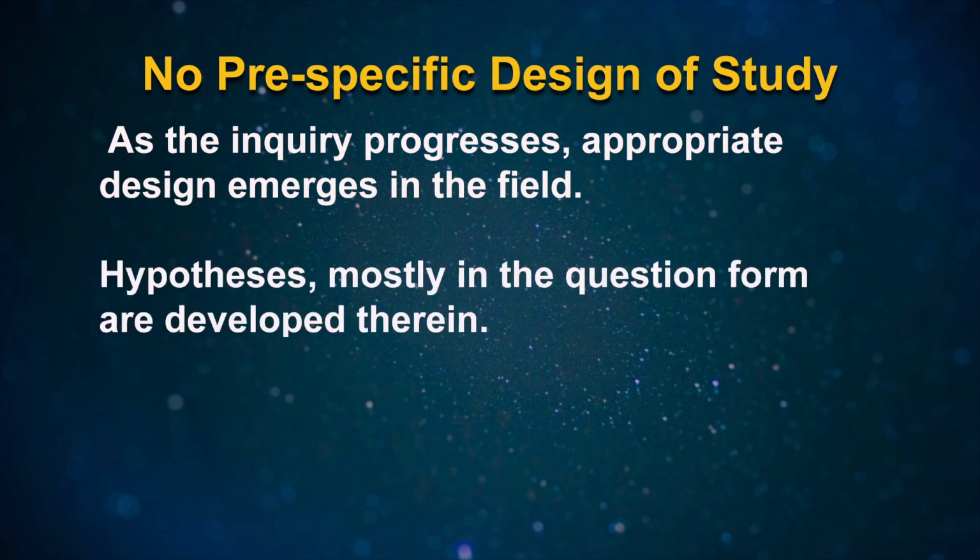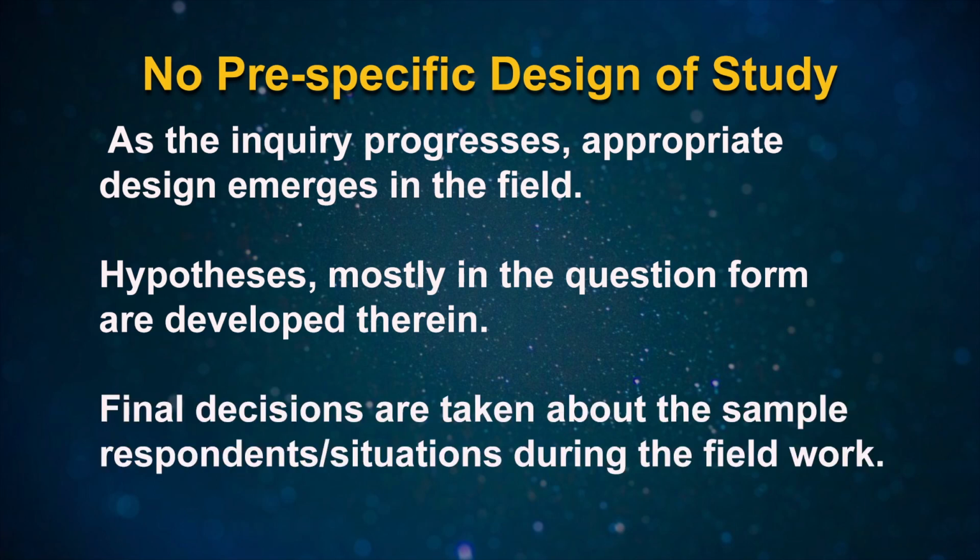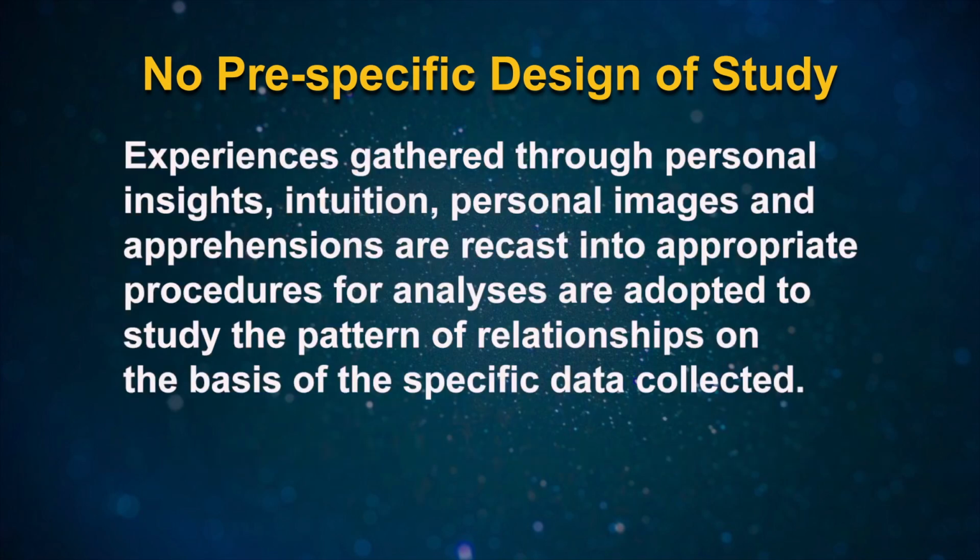Hypotheses, mostly in the form of questions, are developed therein. Final decisions are taken about the sample, respondents, or situations during the fieldwork. Experiences gathered through personal insights, intuition, personal images, and apprehensions are recast into appropriate procedures for analysis, and are adopted to study the pattern of relationship on the basis of specific data collected.